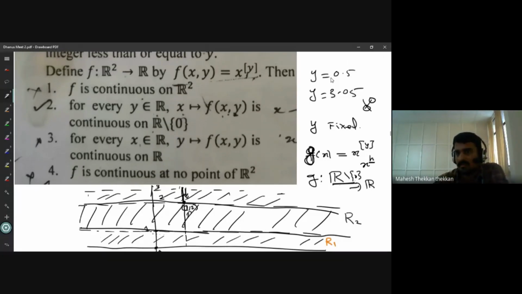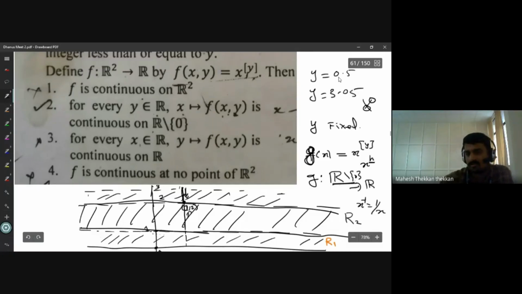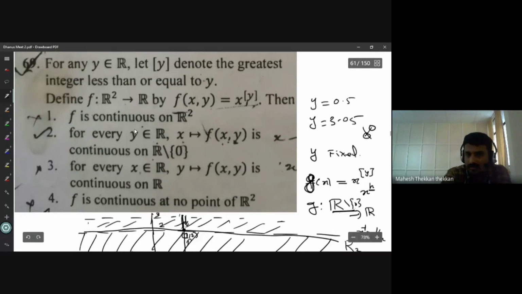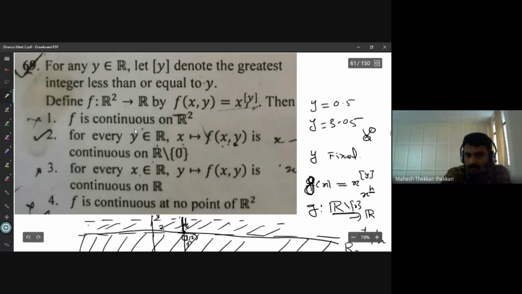I can have a minus 1 also, x power minus 1, which turns out to be 1 by x, so that also has to be continuous. So in order to define things well, we have to take R minus 0. So for every y, this function x going to f of x, y is a continuous function on R minus 0. That is the correct statement. You understand that? So what about the third option?